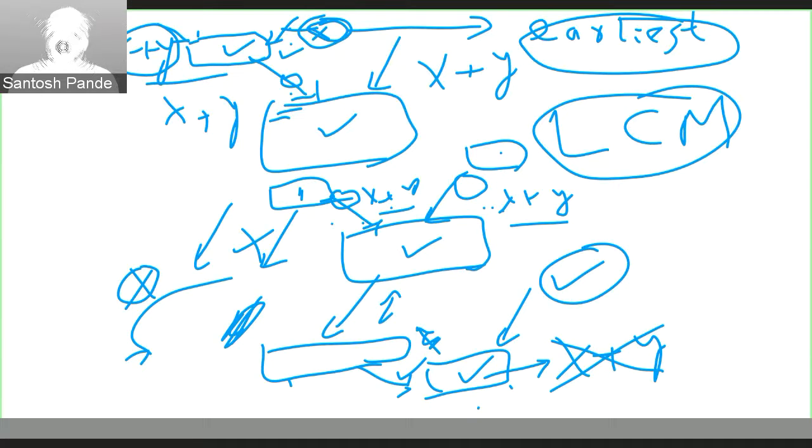So what does LCM ask us to do? LCM asks us to postpone the evaluation of the expression as late as possible, so that partial redundancy is not violated, but we don't have to hold it for this long a path.